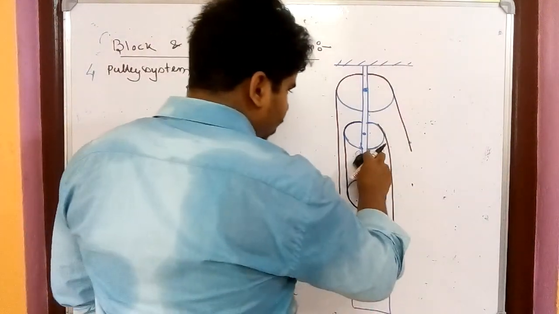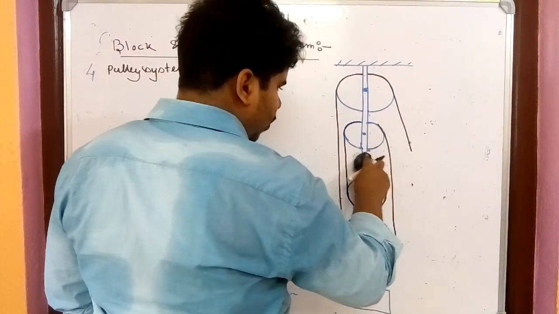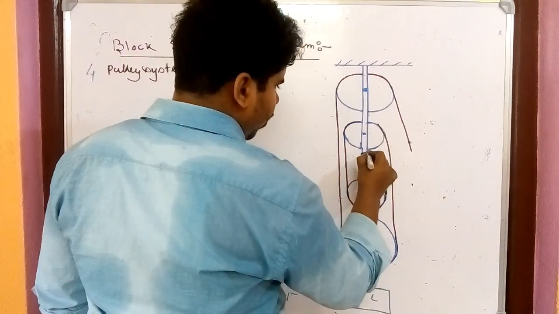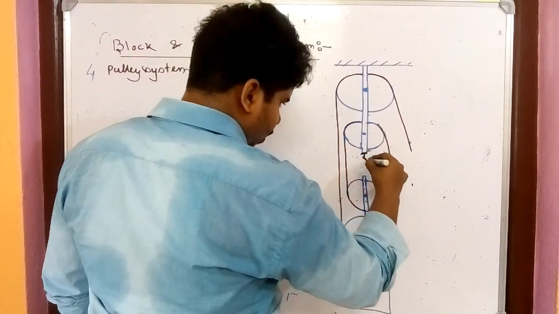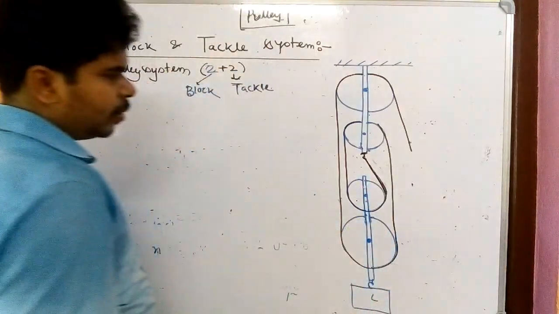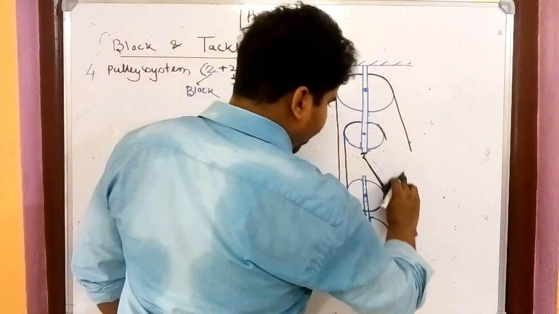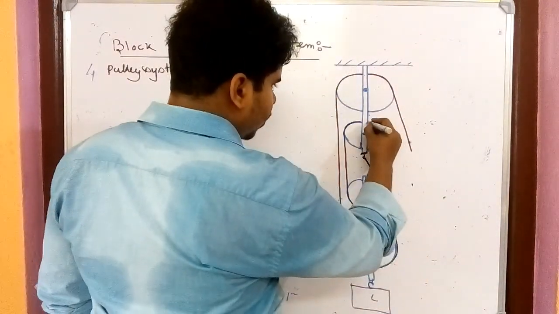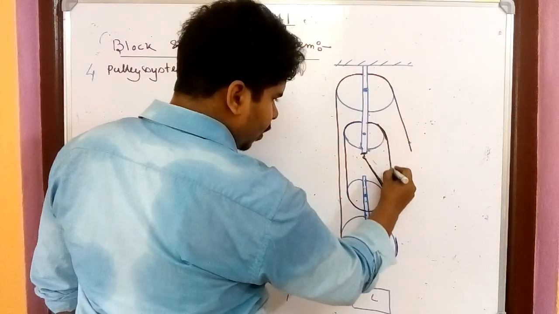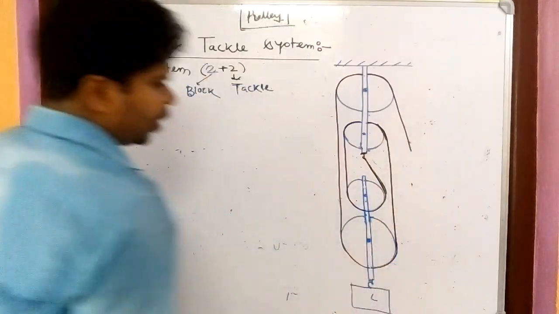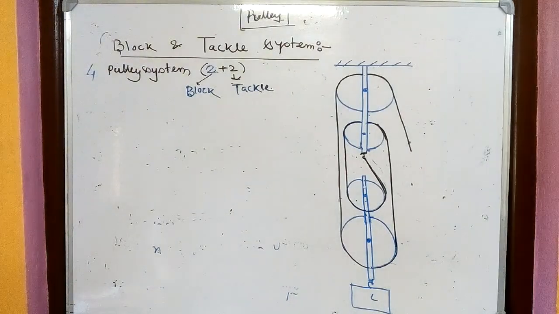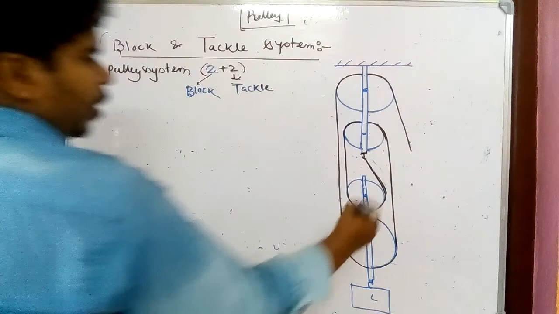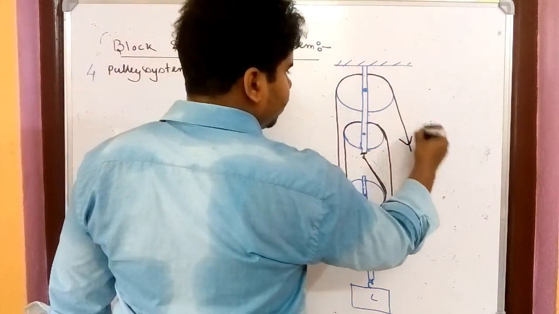Where is the hook? I have not given the hook here, that's why the problem occurred. This is the hook, and that should be directly connected. Here it is bending a little bit. I will try to make it straight. Okay, I think it is okay now. It is clear.